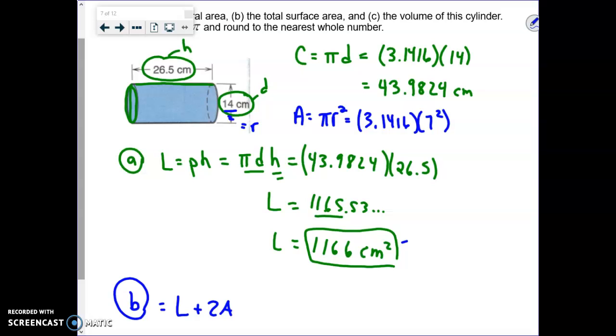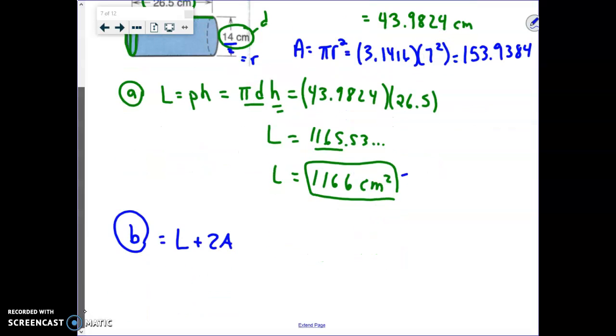So, pi r squared. If we do that, that ends up being, let's see, 3.1416 times 49, which is 7 squared, and we get 153.9384. Now, we're going to go ahead and put that in for A then.